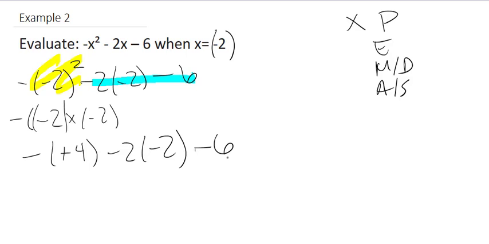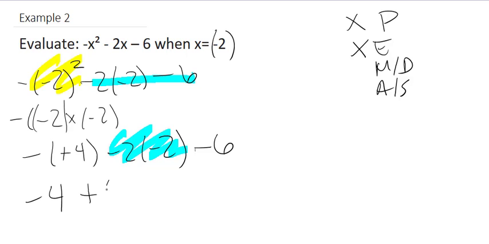So we have done our exponents. Now let's look for multiplication or division, which we see that this is 1. So let's multiply that number. So in the front, we'll just get rid of that positive sign because it's negative 4. Now we have negative 2 times negative 2. So anytime we have two negative numbers, we have a positive number.